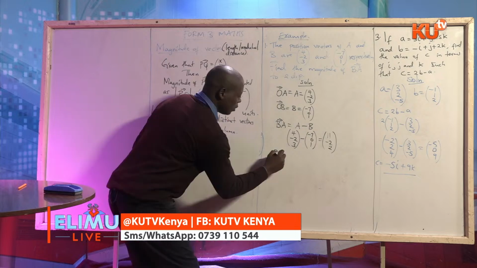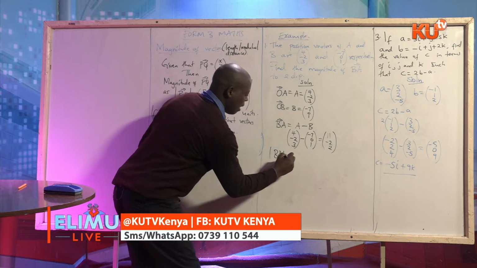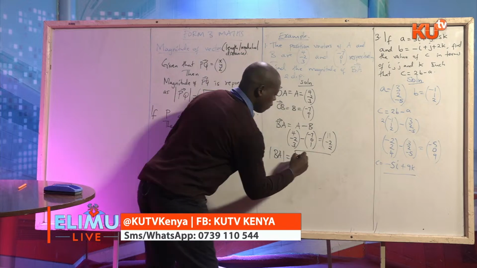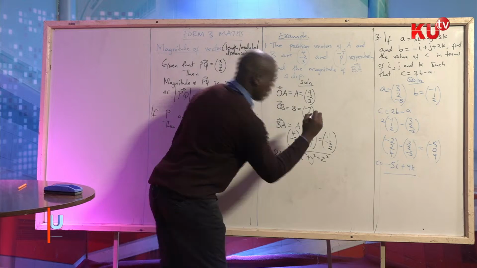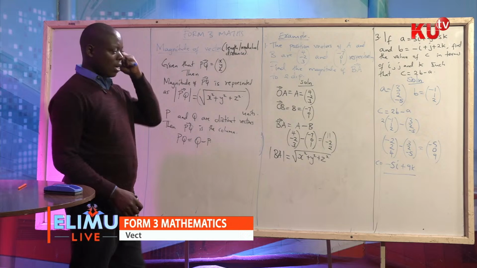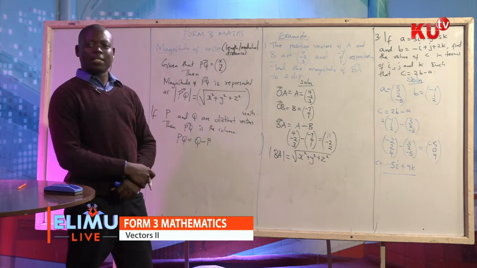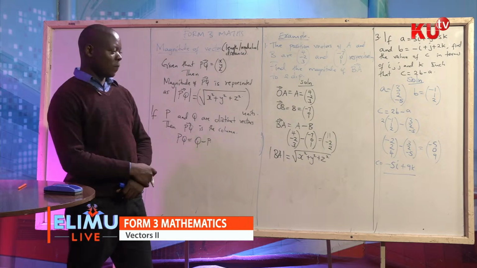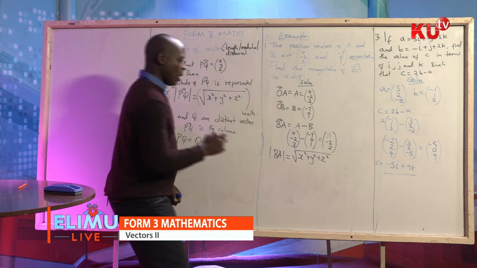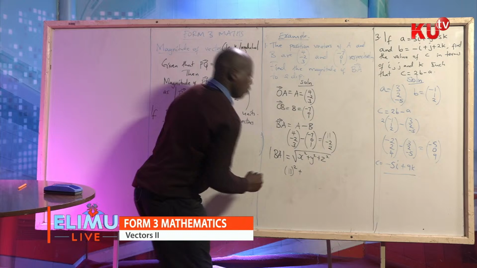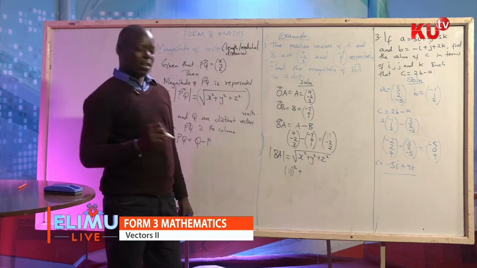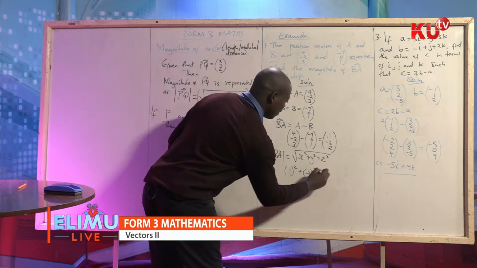So the magnitude of BA becomes the square root of X squared plus Y squared plus Z squared. X squared, that is 11 squared. Y squared, that will be negative 2 squared.